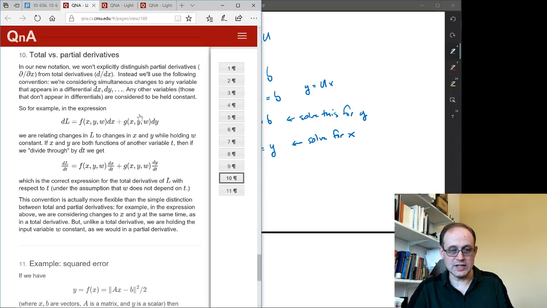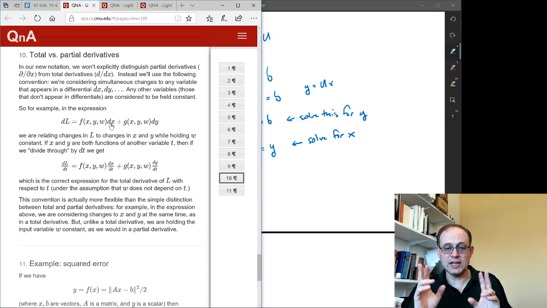There's an example here. If we have dL equal to some function times dx plus another function times dy, then w is constant because it doesn't appear in a differential, and x and y are potentially changing. We could make the example even more complicated by saying that x and y are functions of another variable t, so that dt is relevant as well.